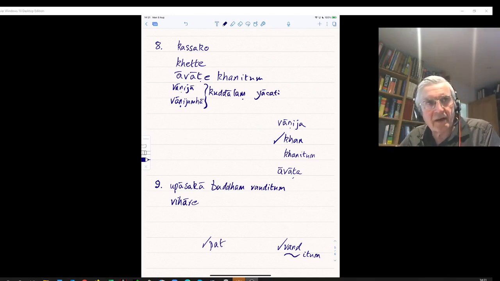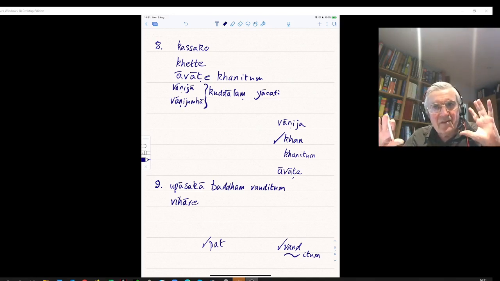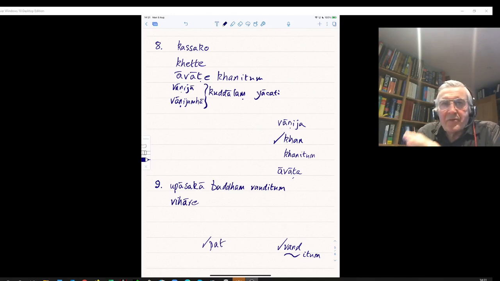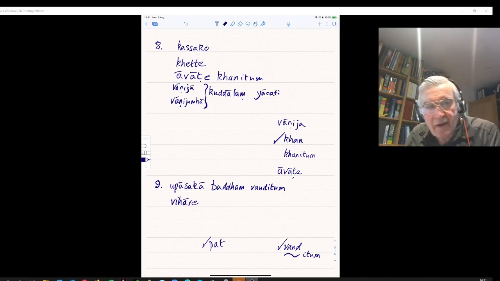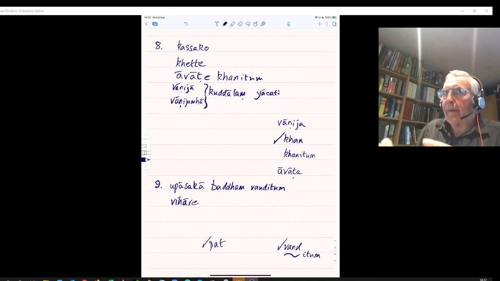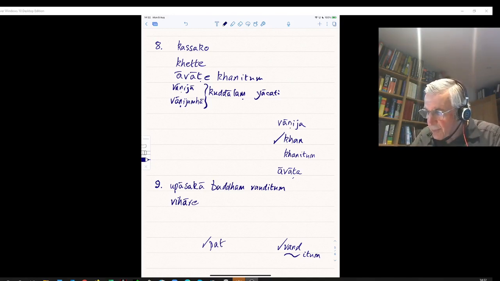Nipat, to fly down. Sannipatanti, literally fly down together, but it's idiomatically used just to mean to assemble, as in the soldiers, they fall in, they assemble and stand in their proper ranks. So they assemble in the monastery is vihare sannipatanti.